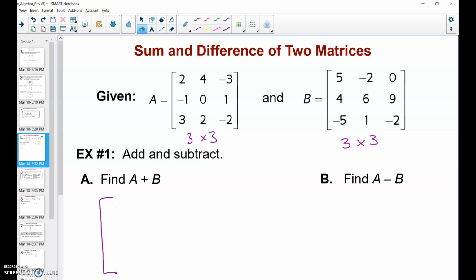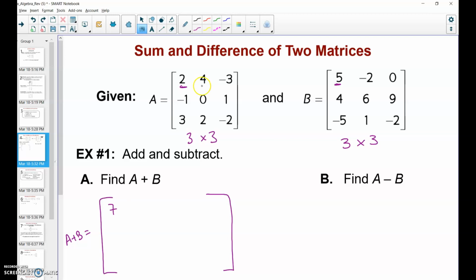All right, so my new matrix is going to be matrix A plus B. I am adding the numbers that are in the same position together. So I'm adding 2 and 5, which gives me 7. Notice that the 7 is going in the same position that the 2 and 5 are in matrices A and B. I'm going to go across the row first.